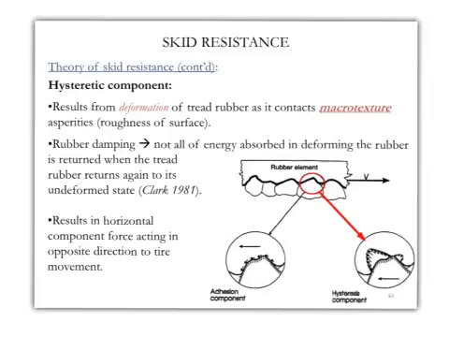And this is what I'm quoting here, Clark in 1981. Typically this results in a horizontal component force, which ends up acting in the opposite direction to the tire movement. And again, this is what the picture is all about, and I really encourage you to try to get more information from this paper by Clark in 1981, to give you more insights into this type of analysis.